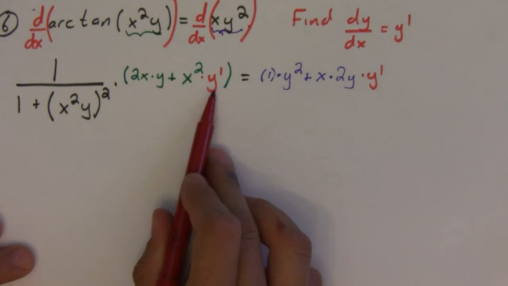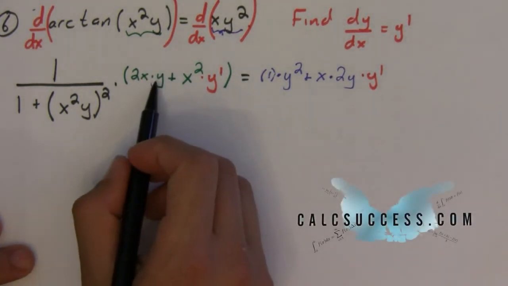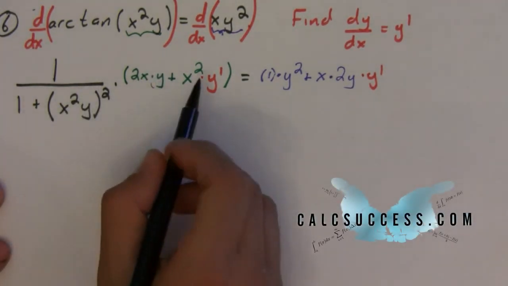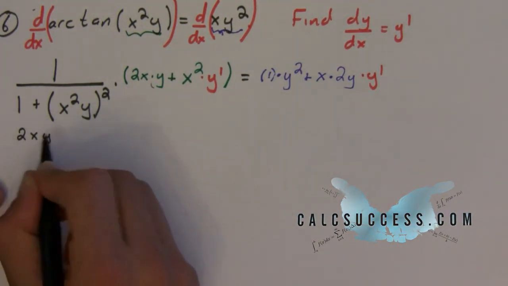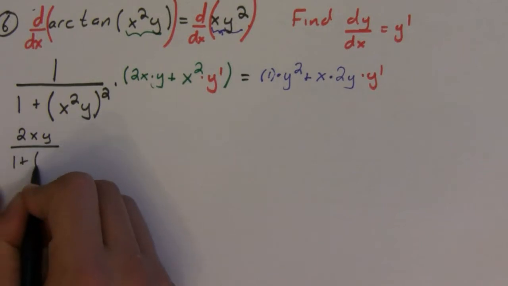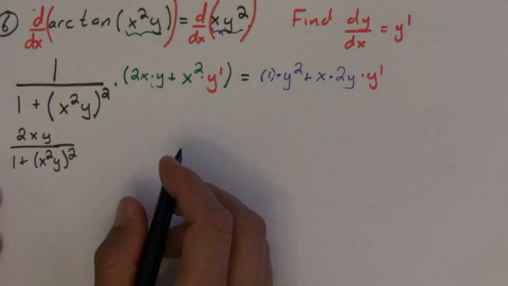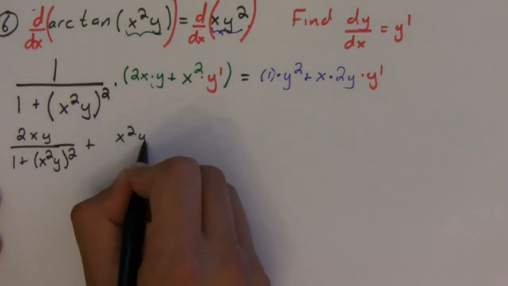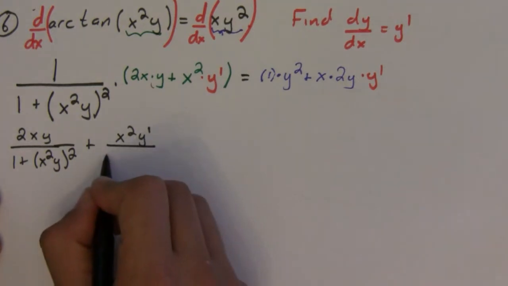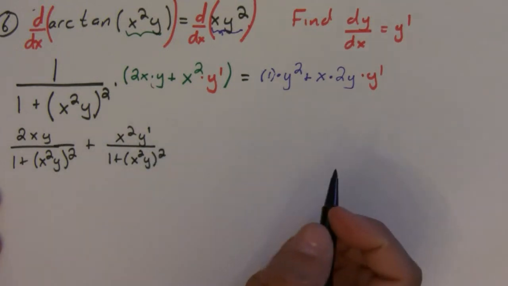And so what we're trying to solve for here is y prime, and so we've got to clean this up a little bit. So if we distribute this denominator onto both of these terms, we're going to have 2xy over 1 plus x squared y all squared, plus x squared y prime over 1 plus x squared y all squared.